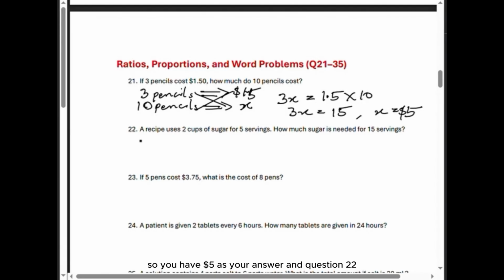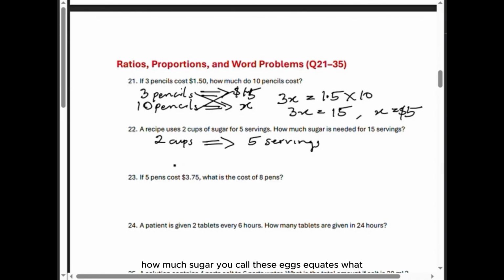And question 22, a recipe uses 2 cups of sugar for 5 servings. How much sugar is needed for 15 servings? You're going to be using the same method. You have 2 cups equate 5 servings.